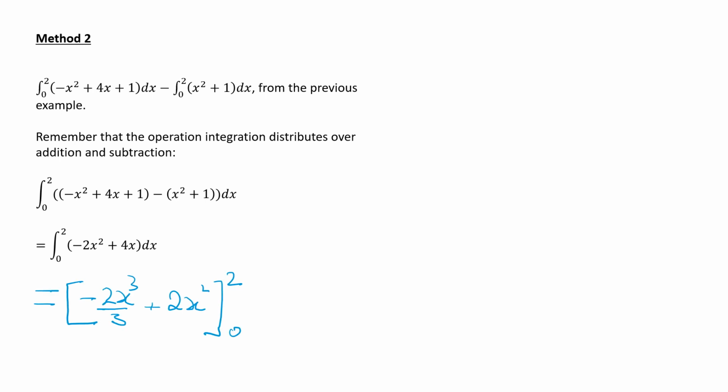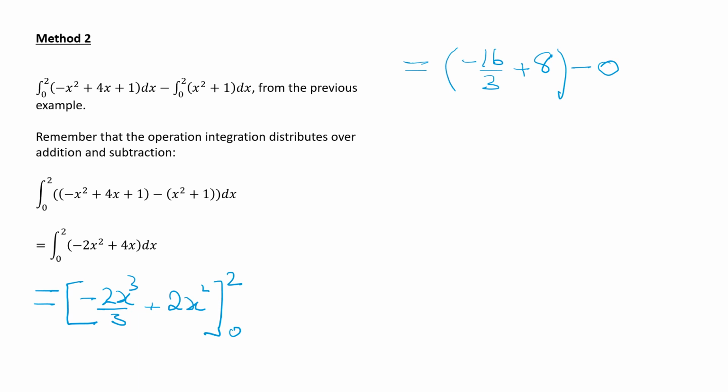Integral of minus 2x squared is minus 2x to the 3 over 3, or minus 2/3 x cubed if you prefer, and the integral of 4x is 2x squared. There's a plus sign between the two, but my limits are 2 and 0, and I will get, when I put x equals 2 in there, minus 2 times 2 cubed, which is 8, times minus 2, which is minus 16 over 3 plus 8, minus 0.